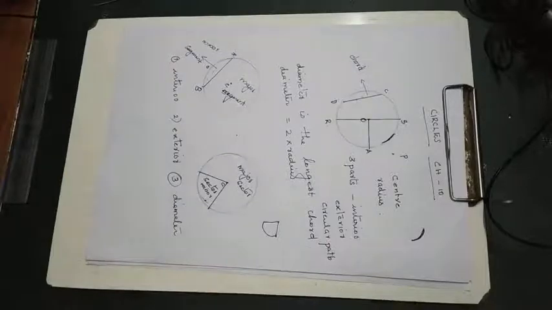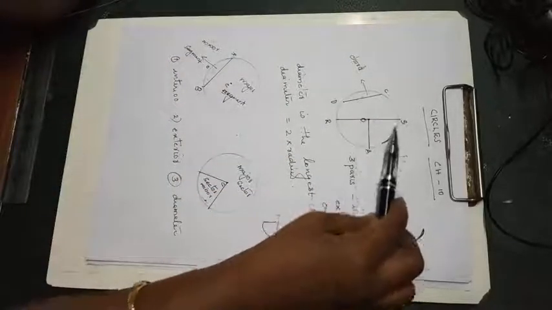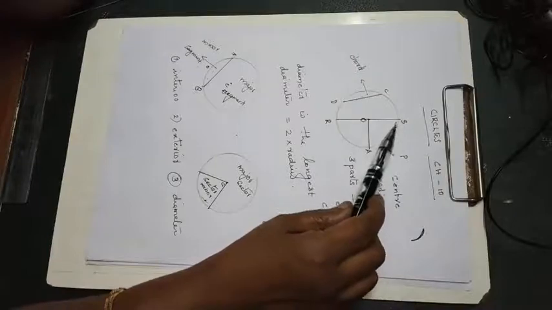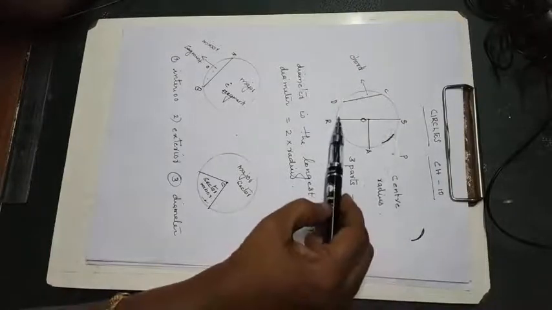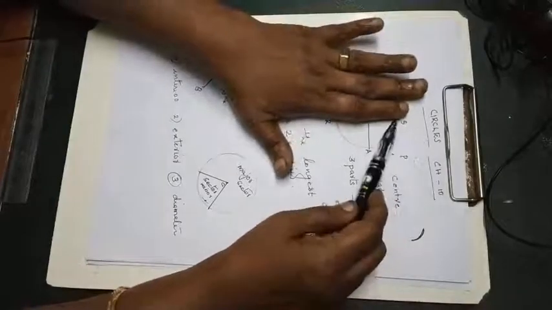Then fourth one, an arc is a dash when its ends are the ends of a diameter. So an arc is a dash. Which one is an arc? This portion. When its endpoints are the diameter, now you see this much arc.